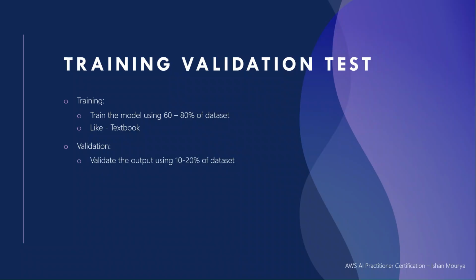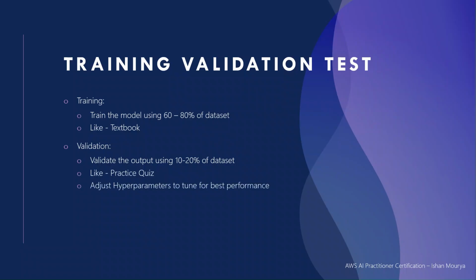Now once it learns, we are going to validate if it has learned correctly or not. For that we again use 10 to 20% of the data, and we see if it is able to understand and answer. So this is like a practice pitch for your model.